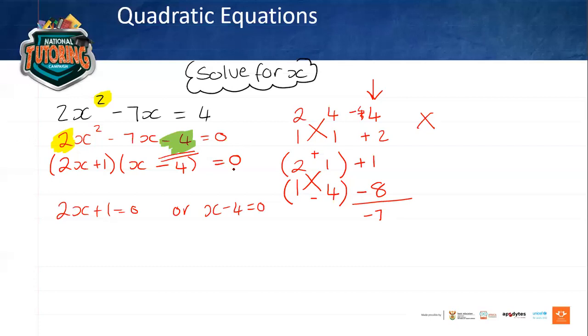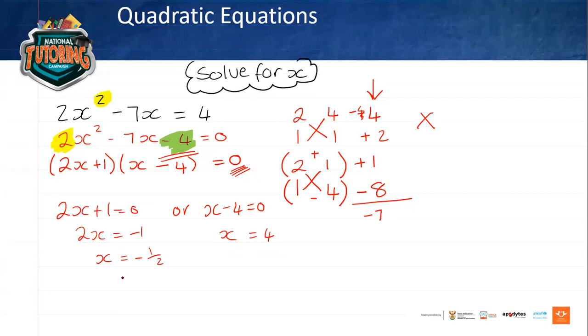Remember, we can only do this since we've got a 0 on the right-hand side. Here we can rearrange: 2x equals -1, so x equals -1/2, or x is equal to +4. And we've solved our quadratic equation by factorizing.